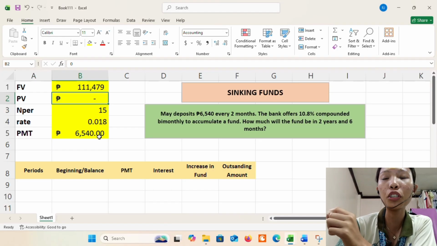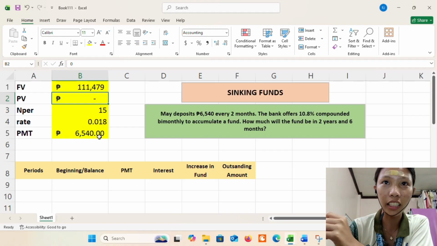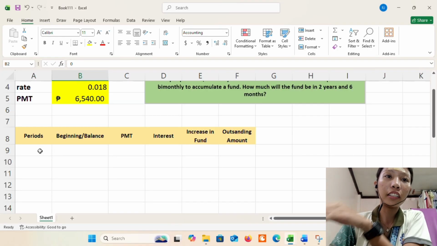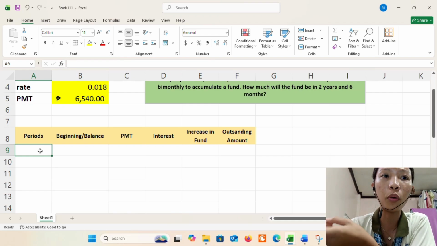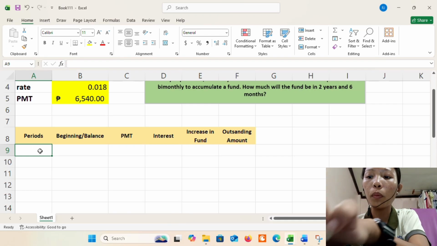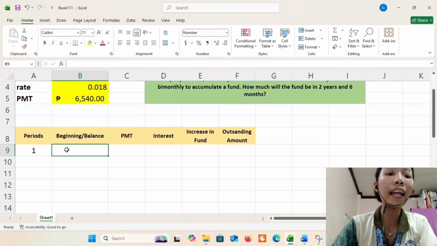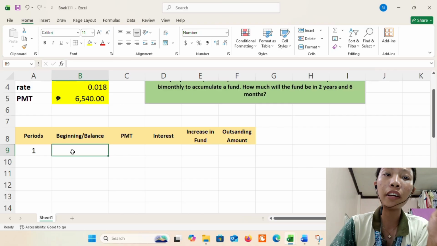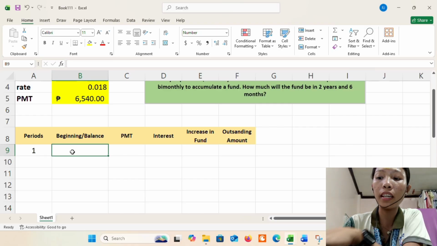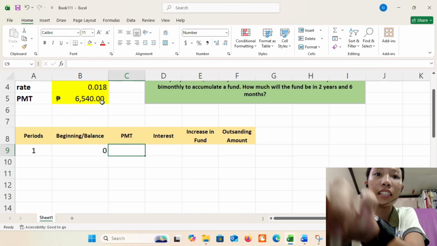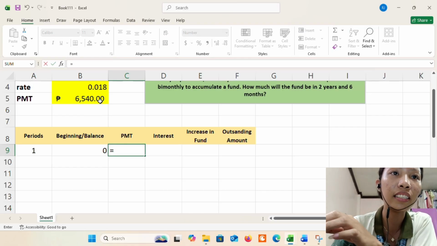So after getting the future value, we're going to proceed here in making the sinking fund schedule. So, period. When you say period, it is the term or the month of the payment. So, first we're going to put 1. And the beginning balance, in making a sinking fund, the very first beginning balance will always be 0. And our PMT here is, let's put an equal sign and select this PMT.